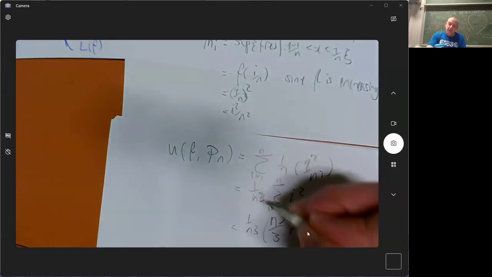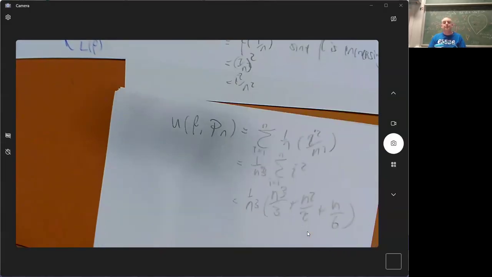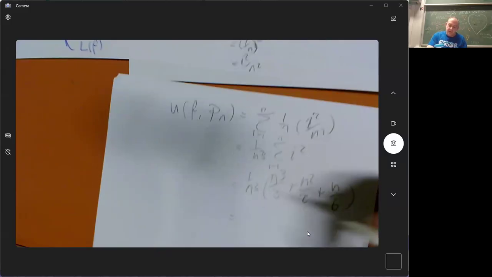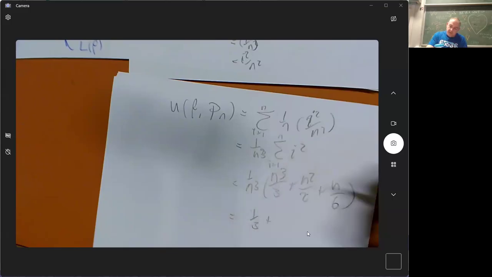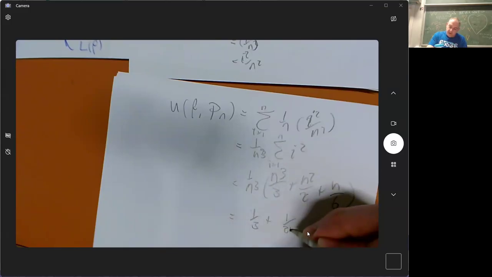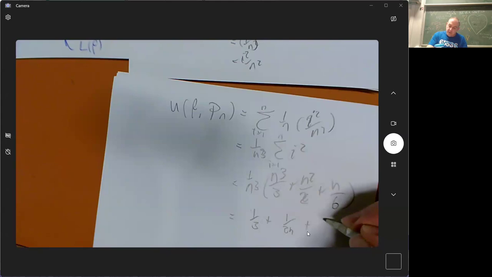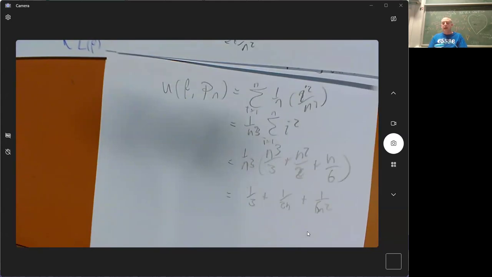Which is 1/3 plus 1 on 2n plus 1 on 6n squared. And the limit of that as n goes to infinity is 1/3.